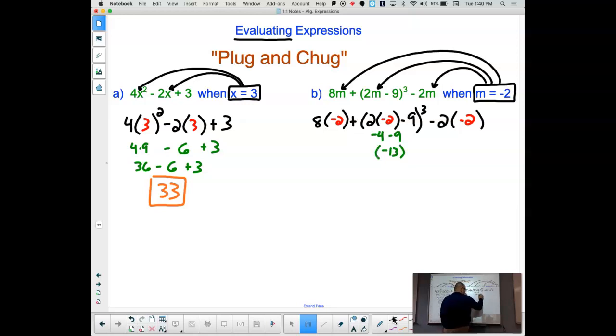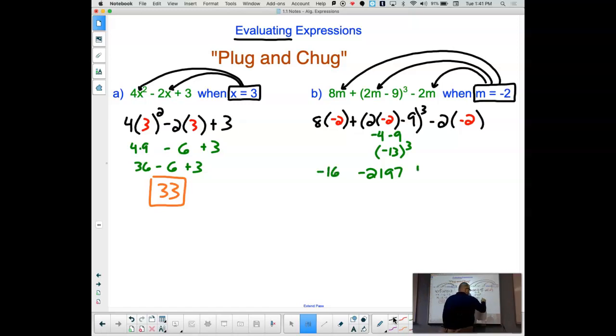Negative 13 cubed is going to be a big number. Okay? Because it's 169 times 13 is 2,197, but that's negative because it was negative 13 times negative 13 times negative 13. 8 times negative 2 is negative 16.